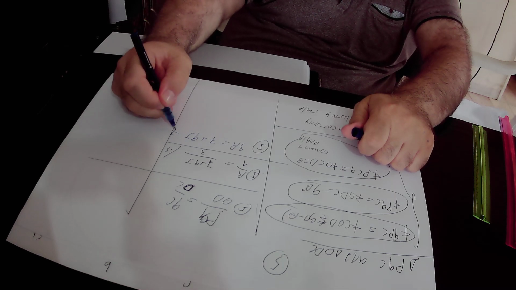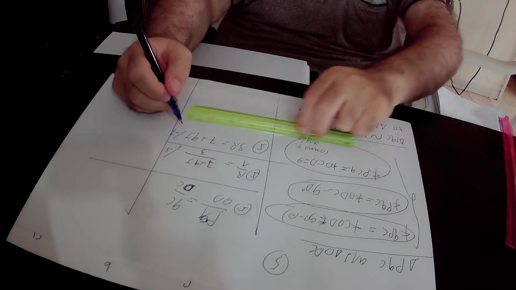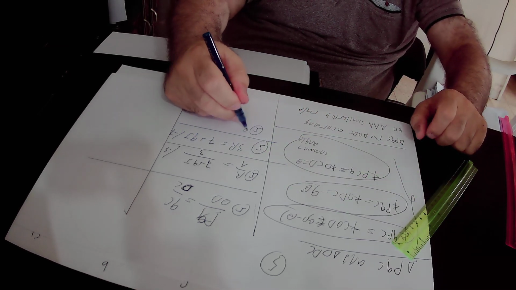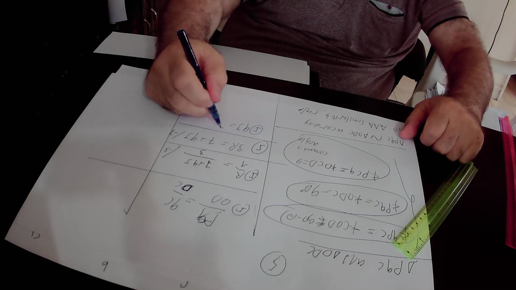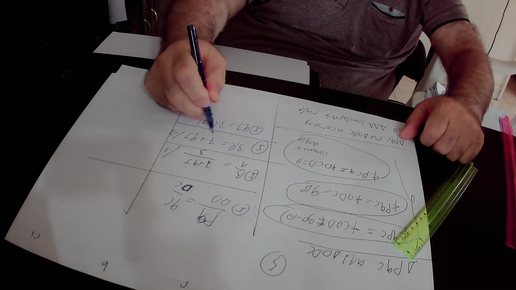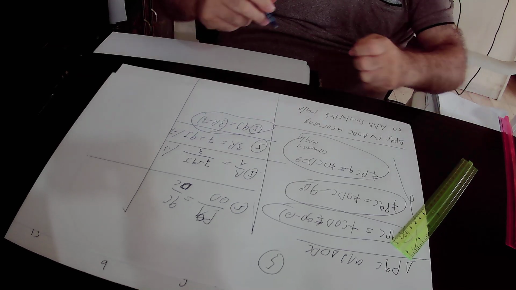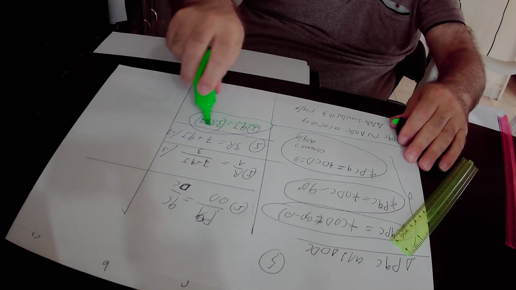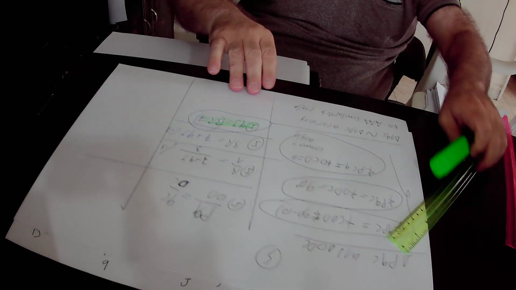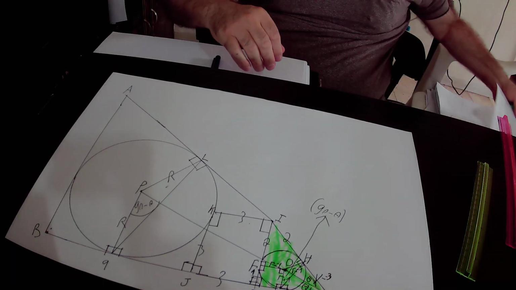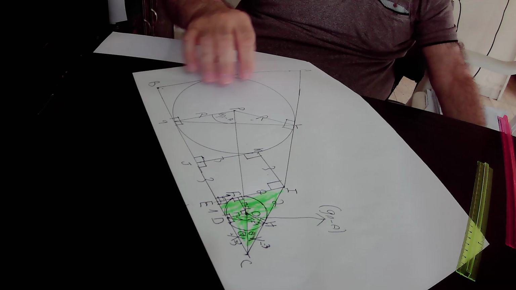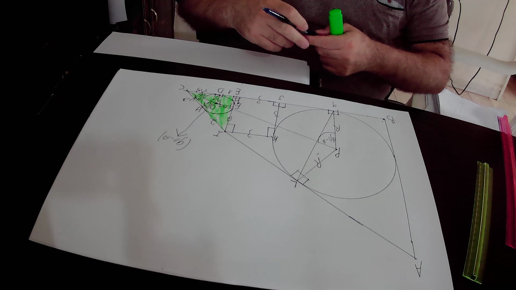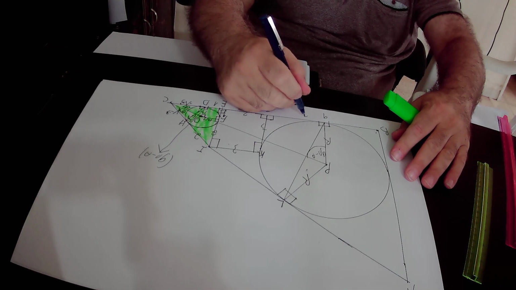Then we subtract 7, and we get that QJ equals 3R minus 7. We found that QJ equals 3R minus 7, so we write down in the drawing here that QJ equals 3R minus 7.